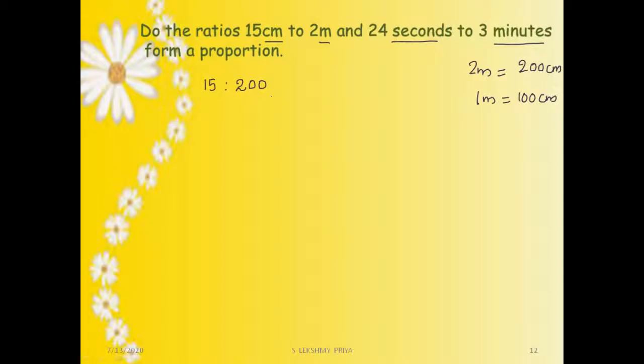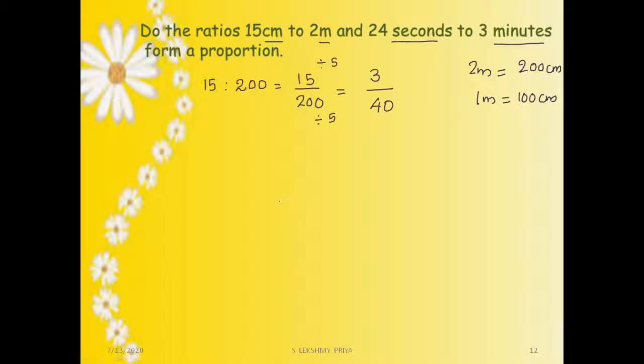We make the unit the same, so you can directly write it as 15 is to 200, or you can write in the form of a fraction like 15 upon 200. We can divide both the numerator and denominator by 5. 5 is the common factor. When you divide it, it will be 3 upon 40.